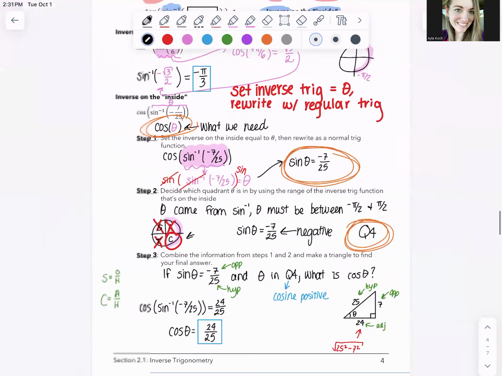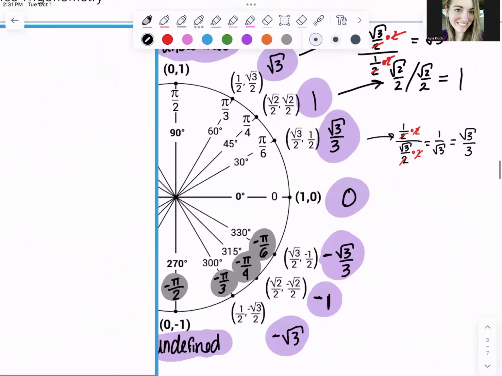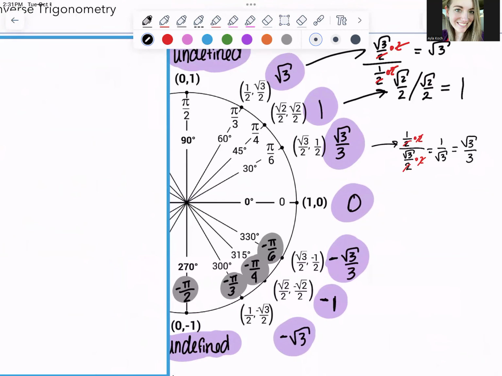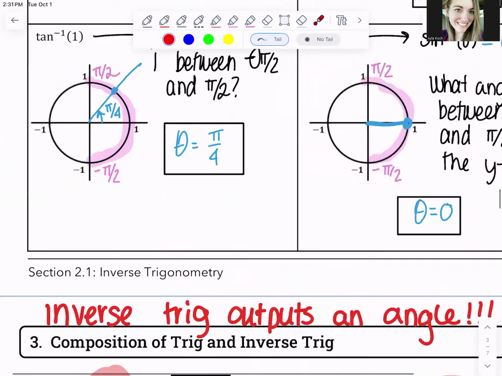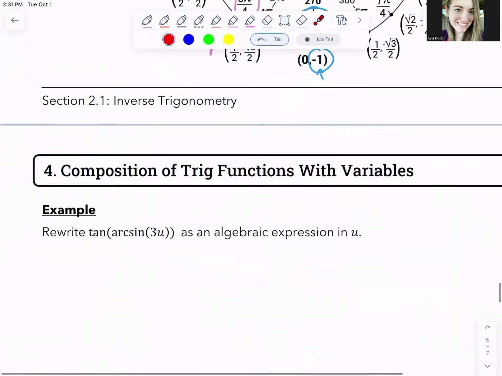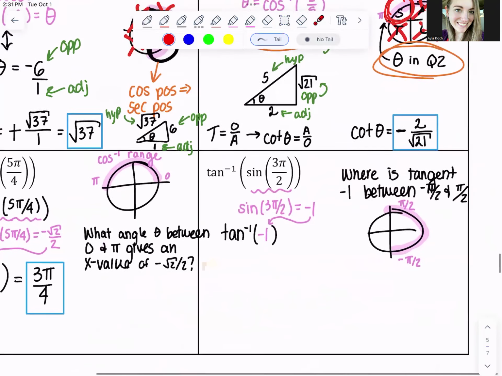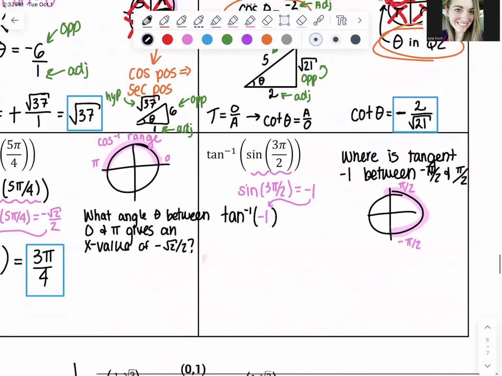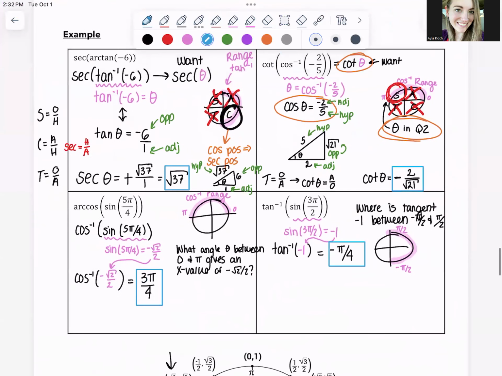Let's see, did we do tangent up here? Here's our tangent. Where is tangent -1? And it's right down here. Tangent was in purple at -π/4. That was back in a previous video. Whoa, where are we? Here we are. And that's our answer. So they're a lot more straightforward when it's the inverse on the outside.